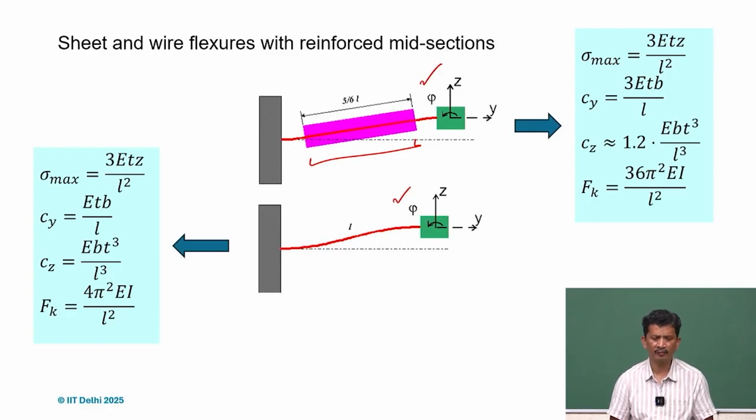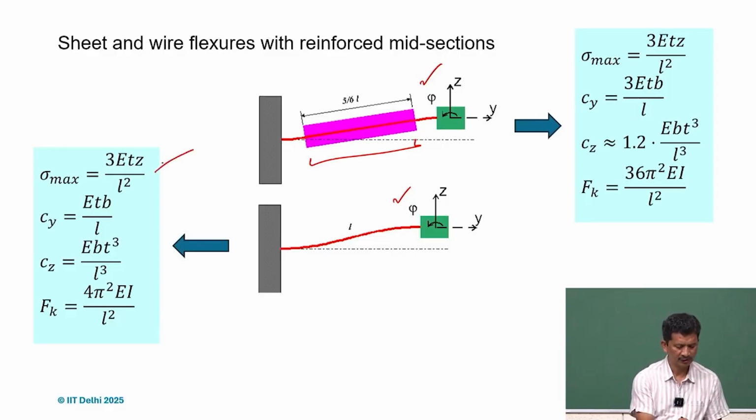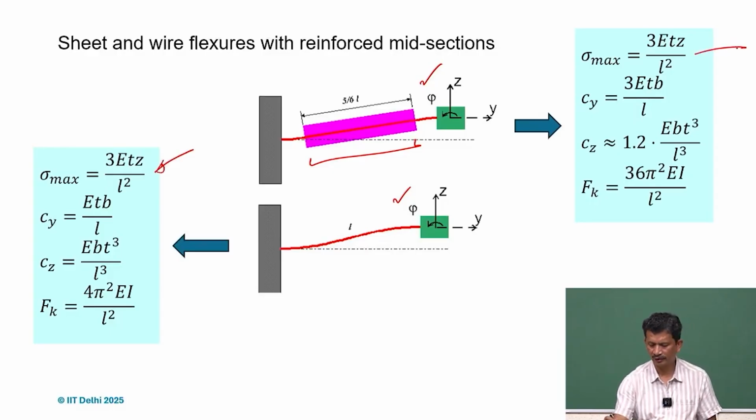If we find the deformations, we realize that these two values in both cases are the same, because sigma by y equals M by I, if we compare both cases, is the same for a similar configuration. So the bending moment will not change, the maximum value will be the same, and that will be at the fixed ends. If we just put in the values, the sigma max is not changing.